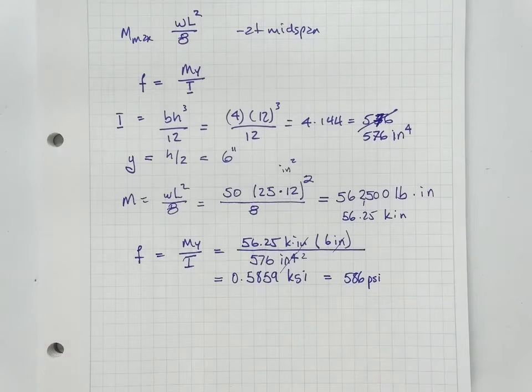Go back to the beginning of our notes. How strong is our 4,000 PSI concrete in tension? 506. Uh-oh. Now, Houston, we have a problem, right? Our demand is 586.